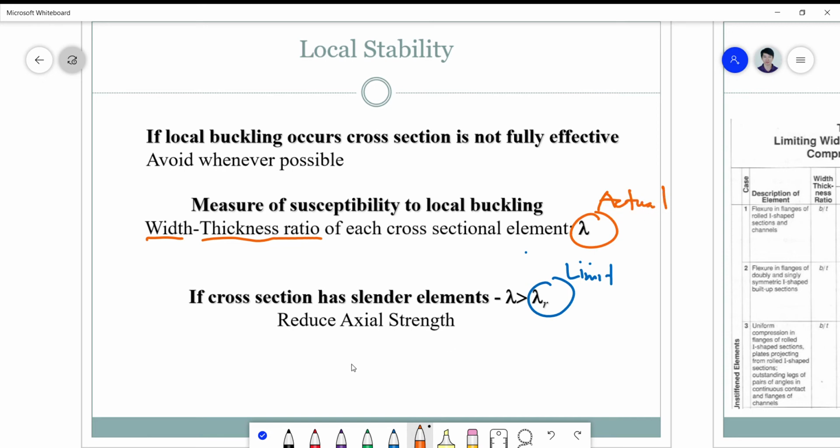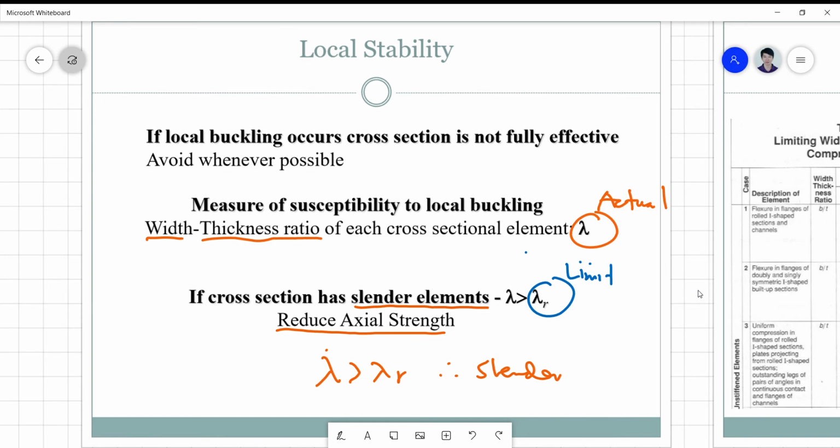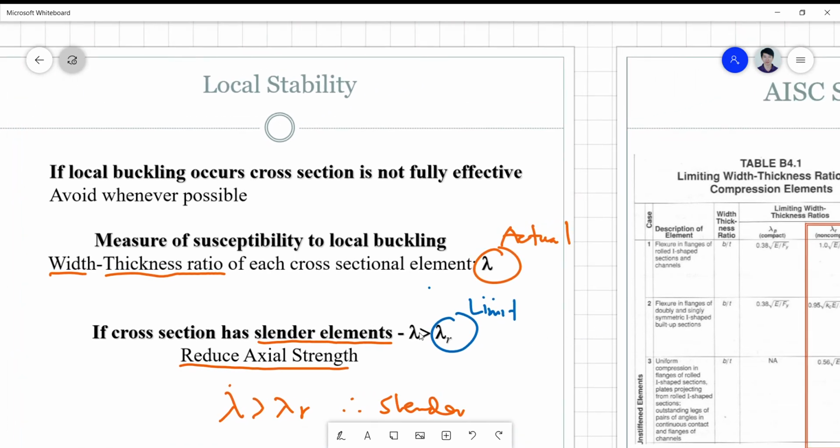So comparing, if lambda is greater than lambda r, therefore your conclusion is that your element is slender. And if we have a slender element, the axial strength is reduced, and therefore it's more critical in terms of local buckling or local stability.